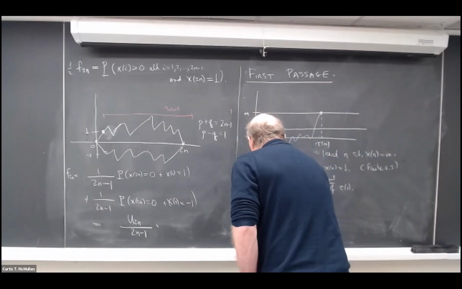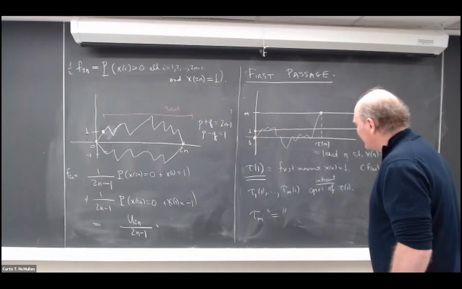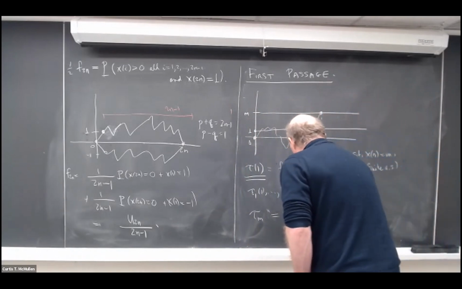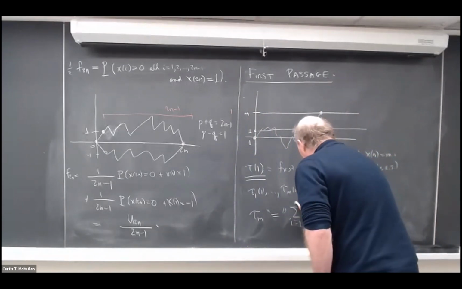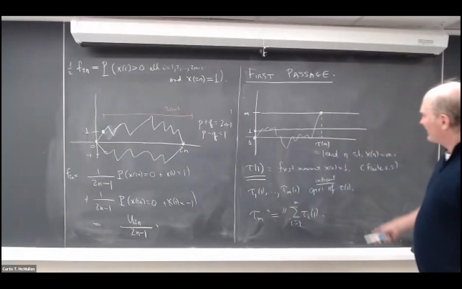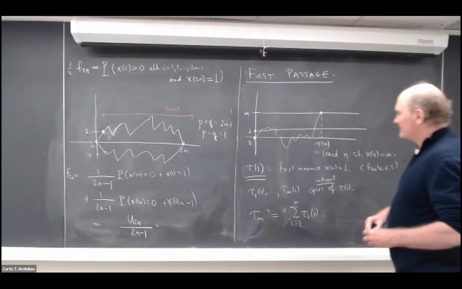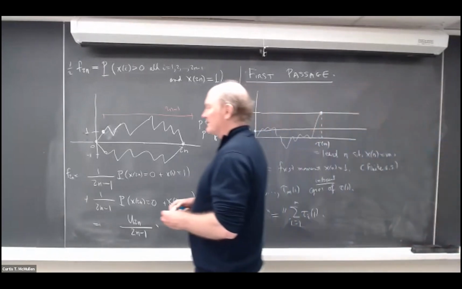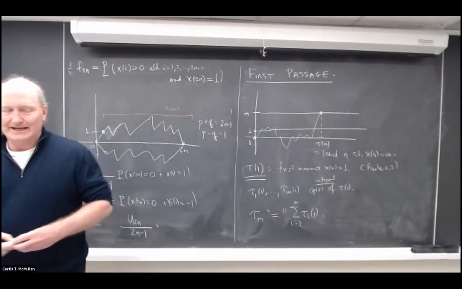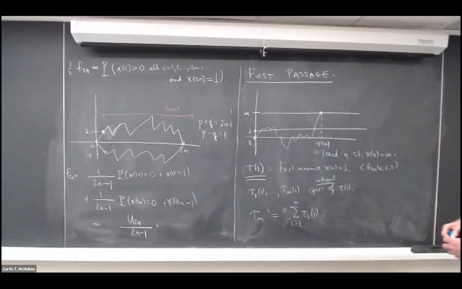And I claim that tau m equals, in the sense that it has the same distribution, the sum of tau i of 1, I guess from 1 to m. So in other words, if we understand the random variable tau 1, then we'll pretty much understand the random variable tau m. It's just the sum of many independent copies of the same random variable. And we can apply the central limit theorem and stuff like that to try to analyze tau m.